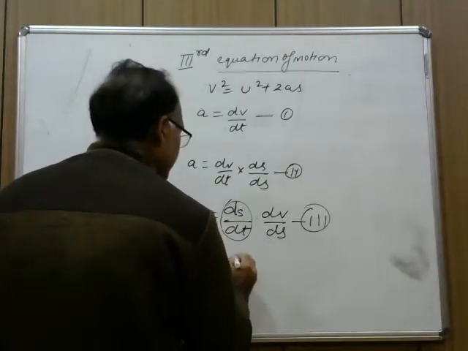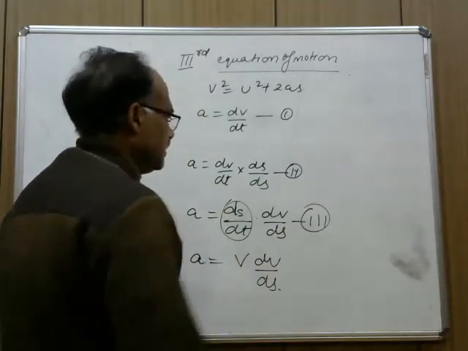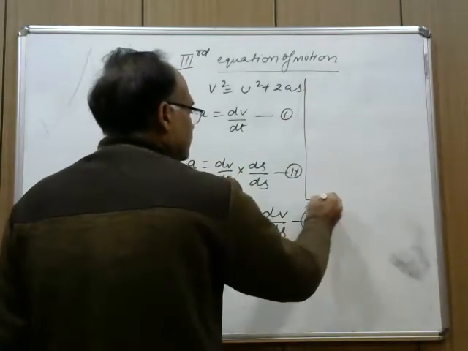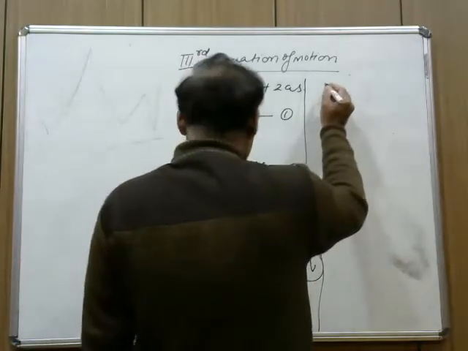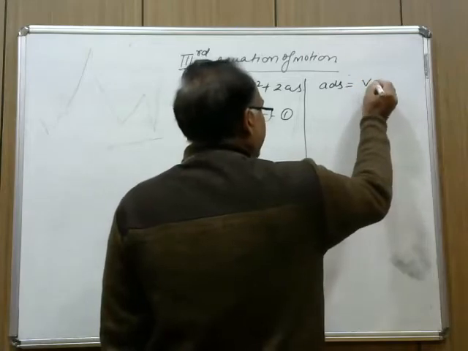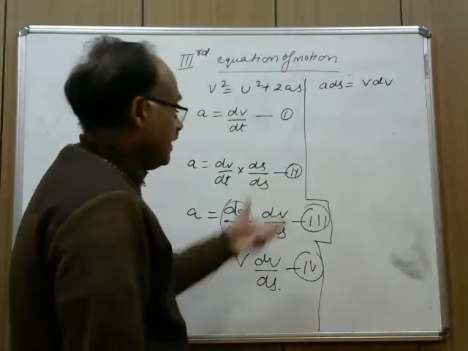Velocity v. That is v dv by ds. This is equation 4. Now we can solve here. Now cross multiply this. A ds is equal to v dv.